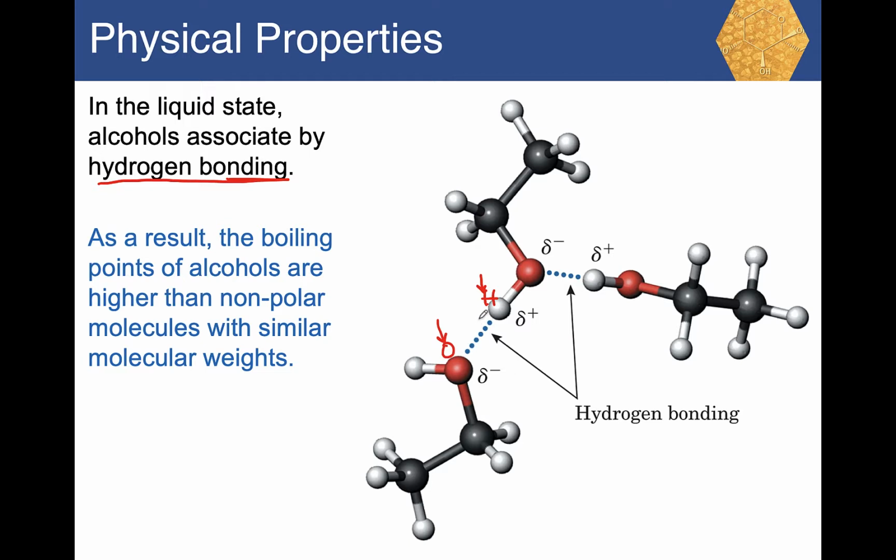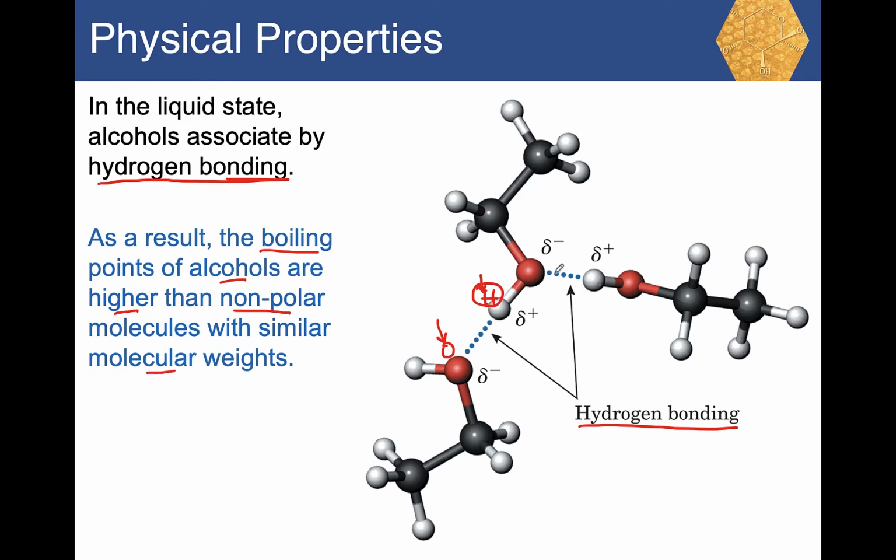And this intermolecular attraction, or attraction between 2 molecules, is called a hydrogen bond because of the hydrogen that's involved. So you can see here that alcohols are involved in intermolecular hydrogen bonding to each other. As a result, the boiling points of alcohols are higher than non-polar molecules with similar molecular weight.